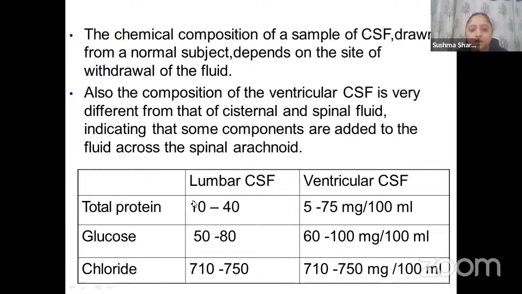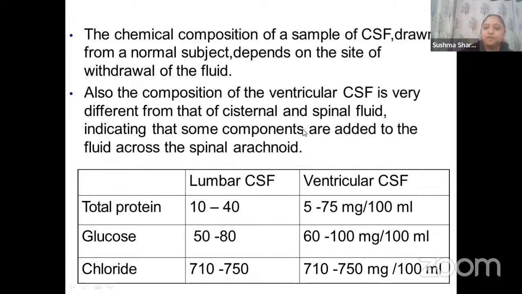Now, the chemical composition of a sample of CSF drawn from a normal subject depends upon the site of withdrawal of fluid, correct? The reason I'm specifically mentioning this is that ventricular CSF is very different from cisternal or spinal fluid, because the ventricle is where the CSF is actually getting produced. Agree?